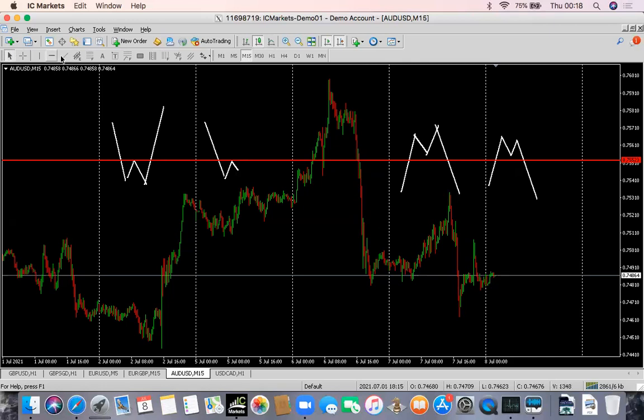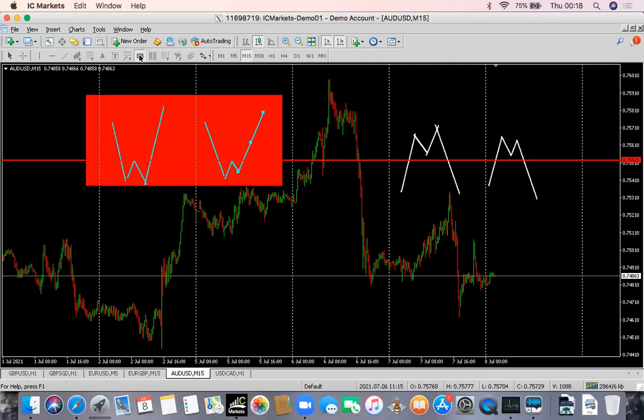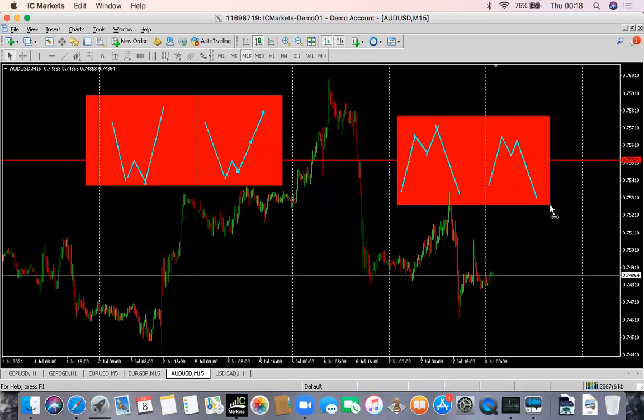I mean, it doesn't break the low and then goes this way. You understand? This is what happens for buy, and this for a sell.